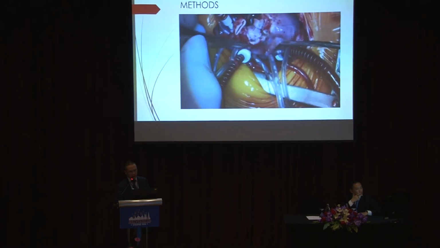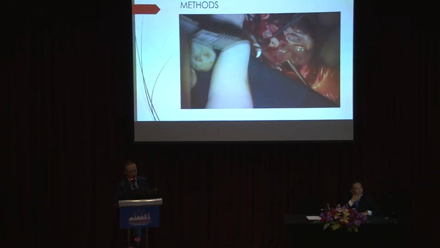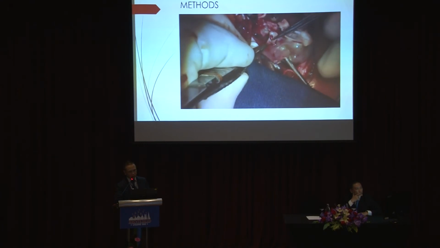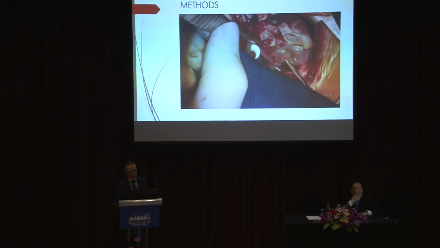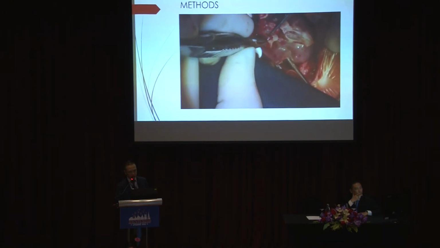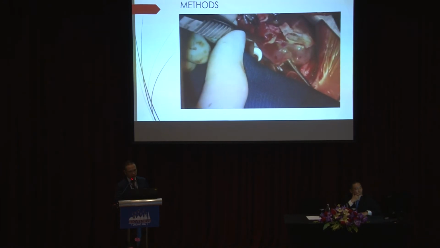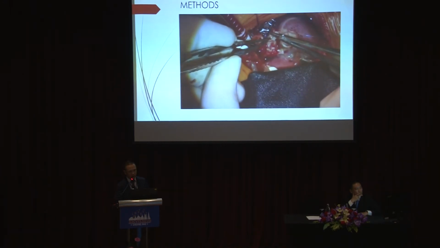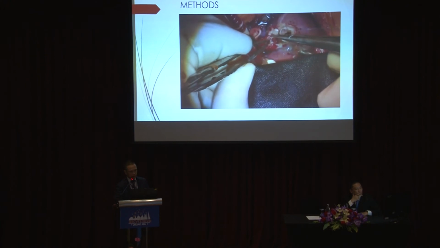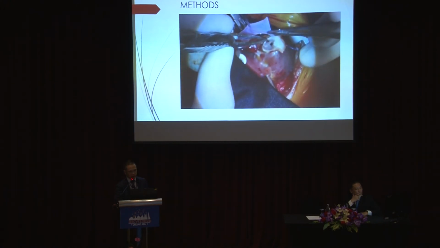And then we remove the aortic clamp, finding the appropriate position for the coronary reimplantation. We use a modified trapdoor with a small wing to minimize the possibility of aortic regurgitation in the long term.